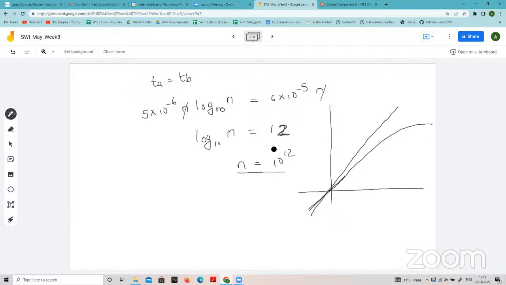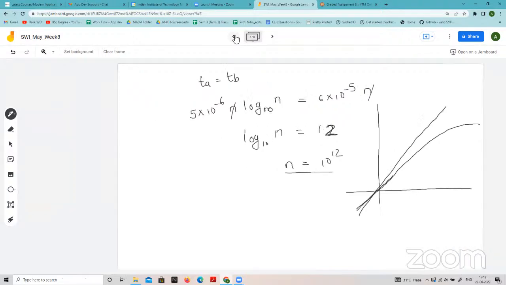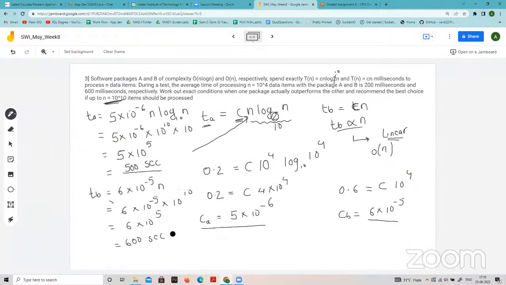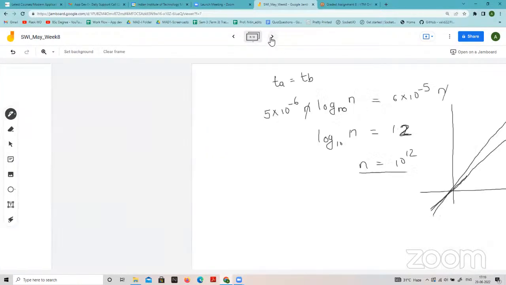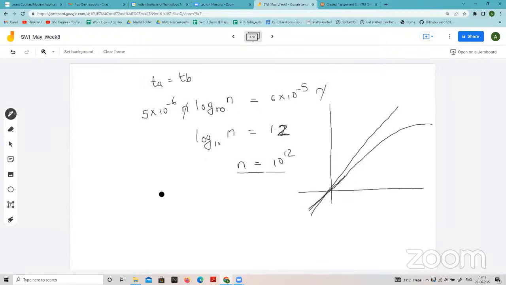And we know that for 10 raised to power 10, TA is better. So we will draw it in that sense. There is a point 10 raised to power 12. This is where both are the same.